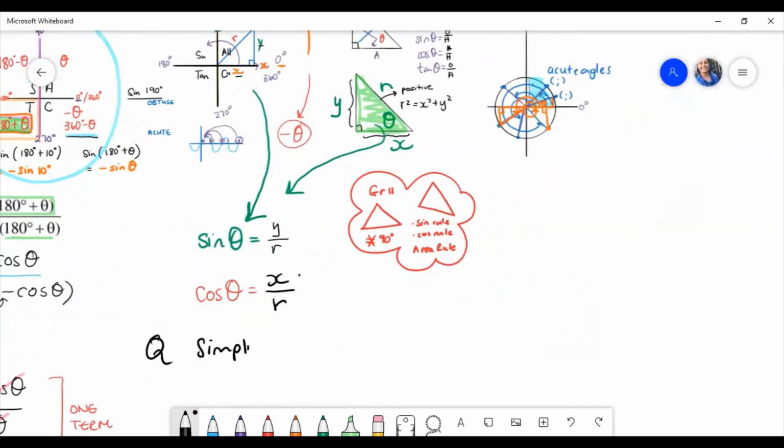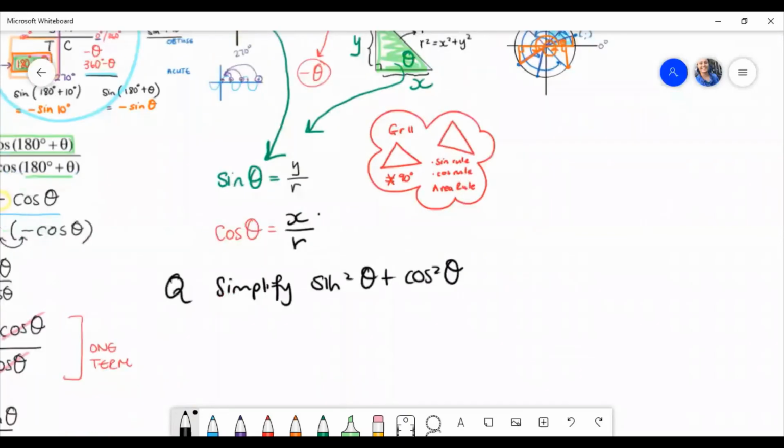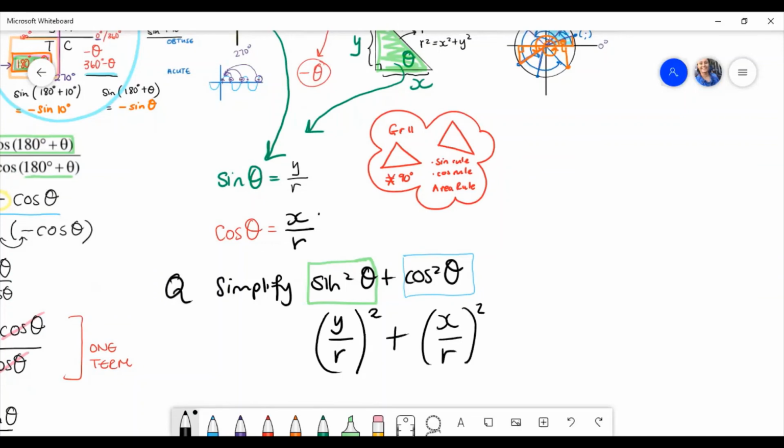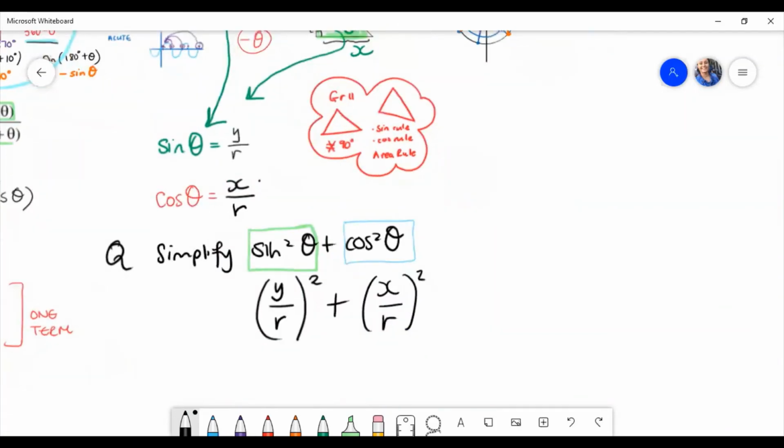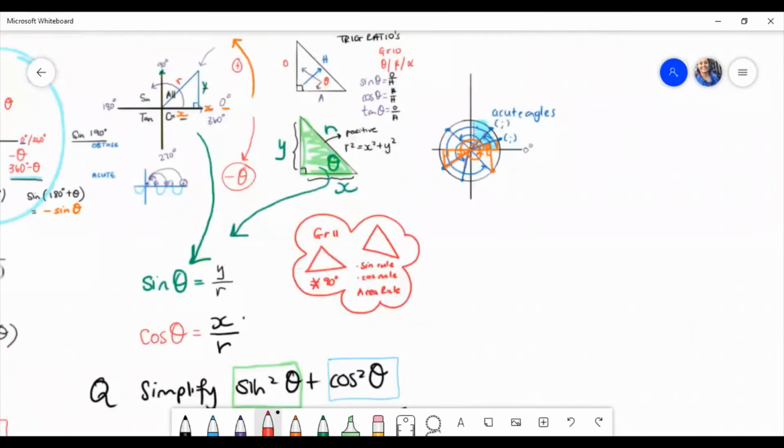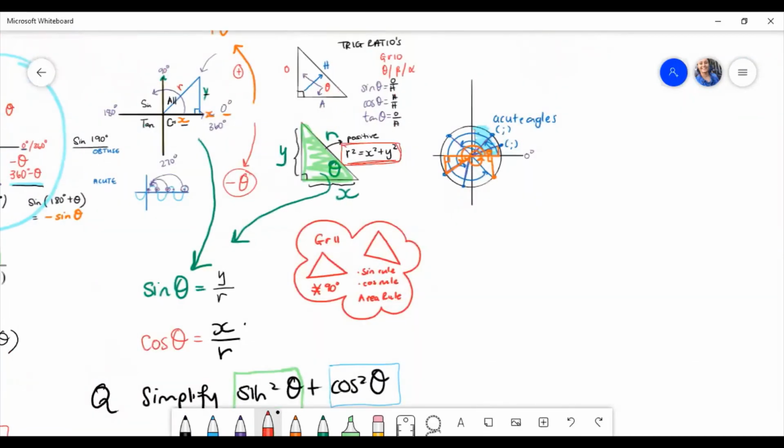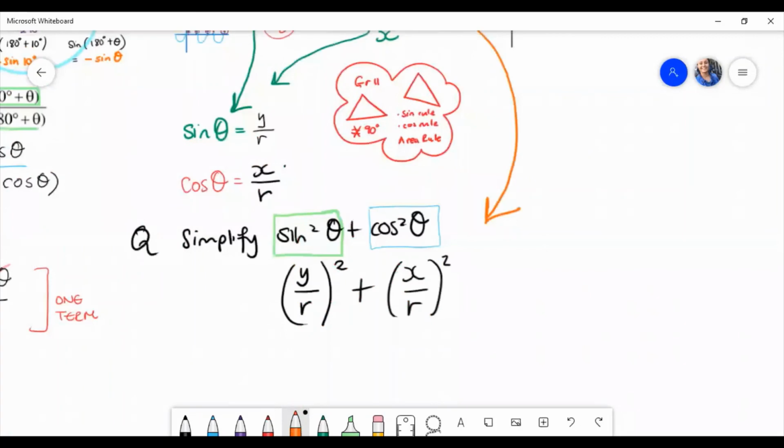And what I find is that if I were to answer the question, simplify sine squared theta plus cos squared theta, I would have to take the ratio I've developed for sine squared and the ratio for cos squared, and replace them with regards to their lengths. I would treat them very carefully as I treat fractions, and add the knowledge of Pythagoras to substitute what I find in my denominator.